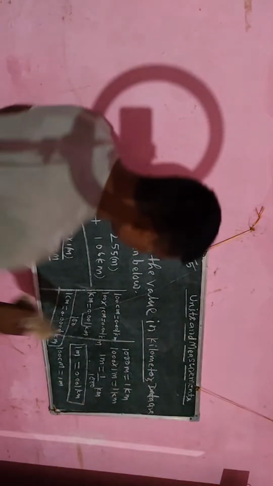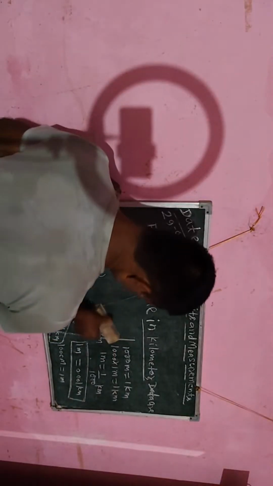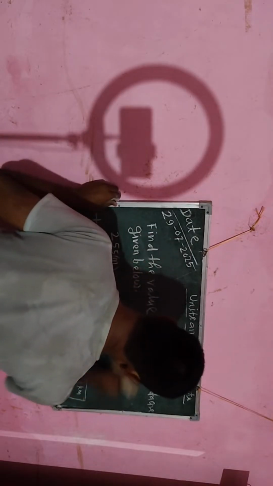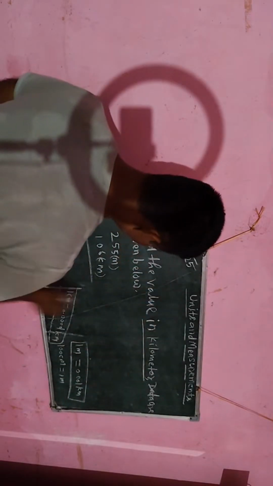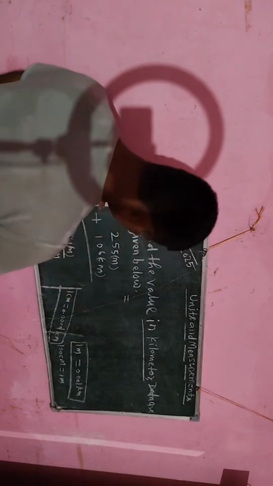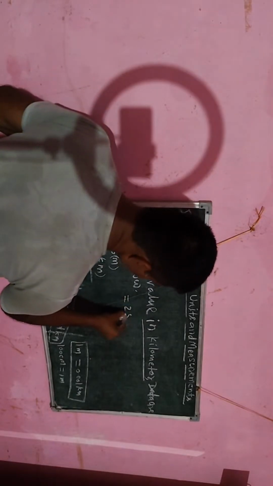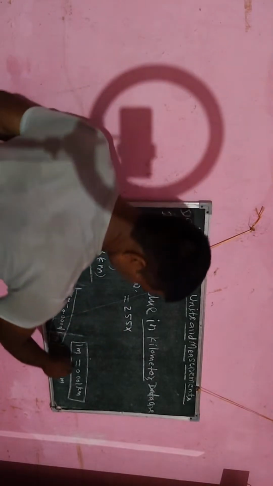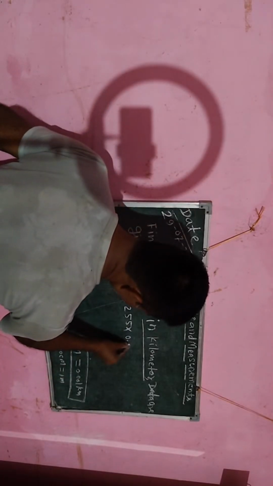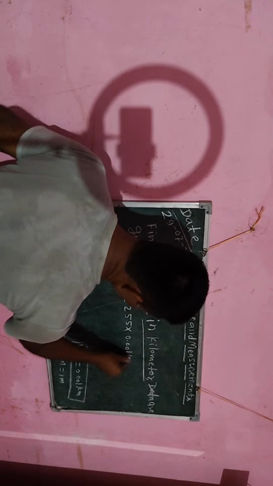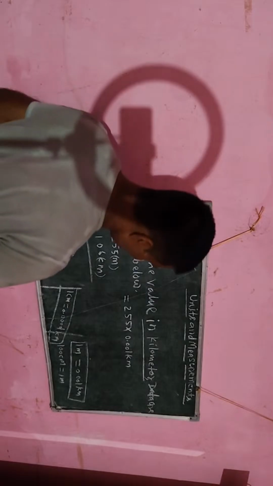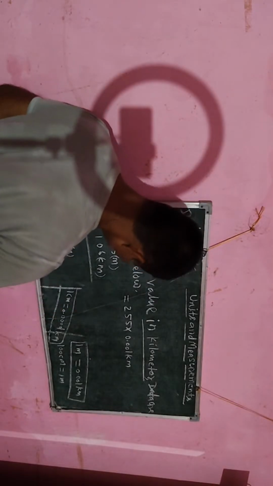Okay student, now here I am going to erase, because there is no space, and after erasing I will solve properly. So here I am going to write 255 into 1 meter. 1 meter is equal to 0.001 kilometer, because all quantities will have the same dimension.